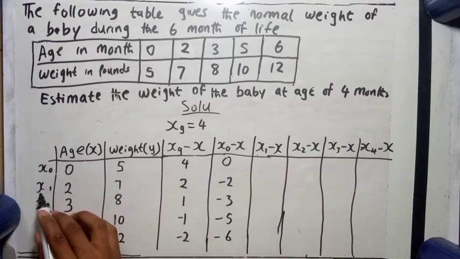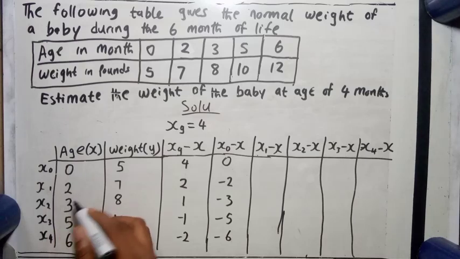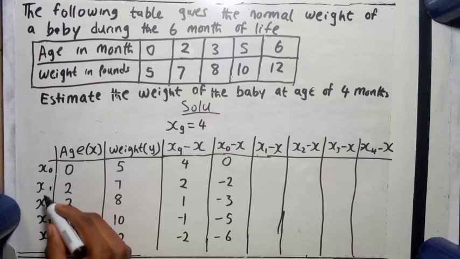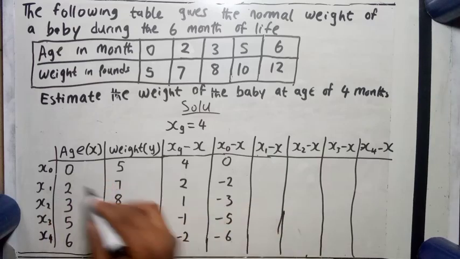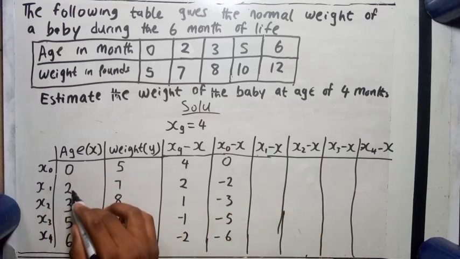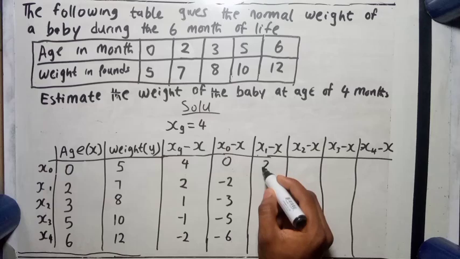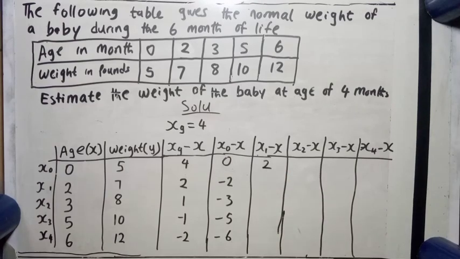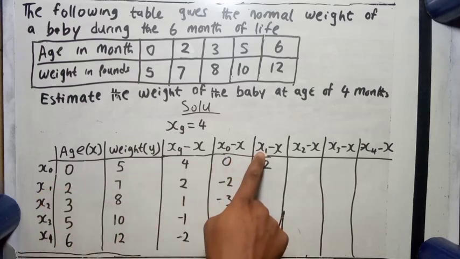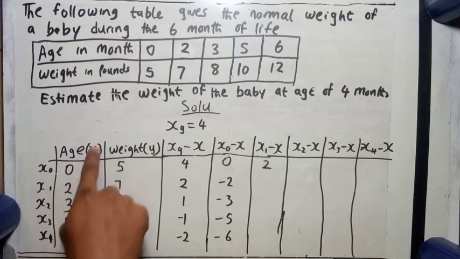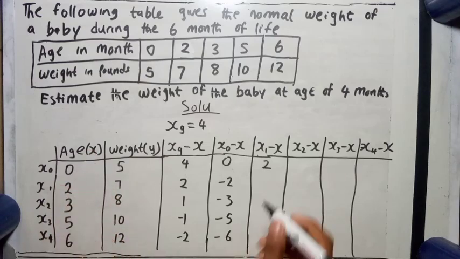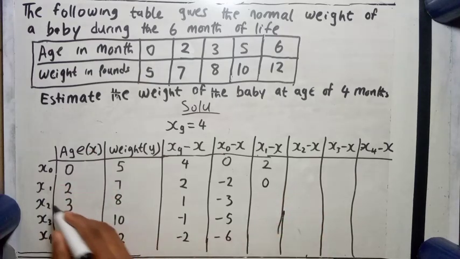For the next one, x1, we're subtracting every other x value from it. When we do that, we have x1 being 2. 2 minus 0, we have 2. Now for 2 minus 2, which is x1 minus itself, is 0.